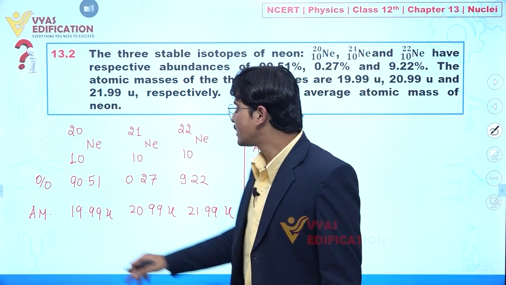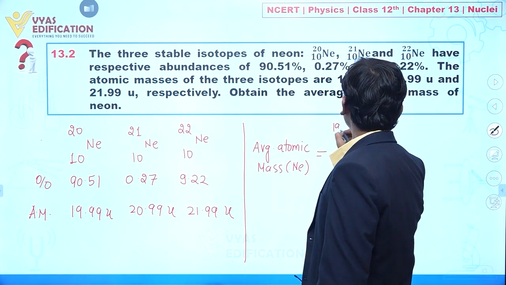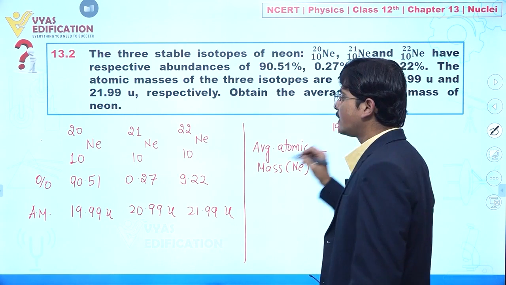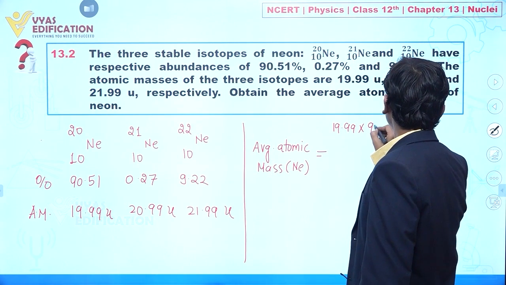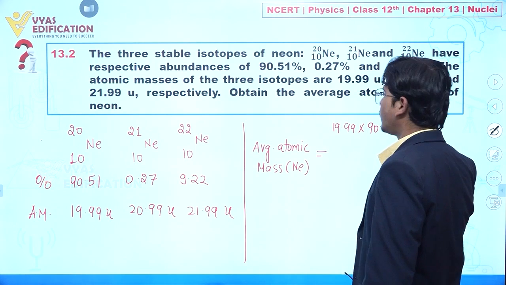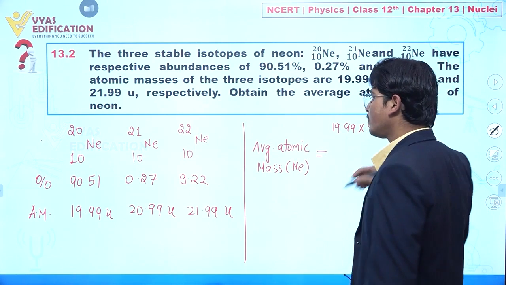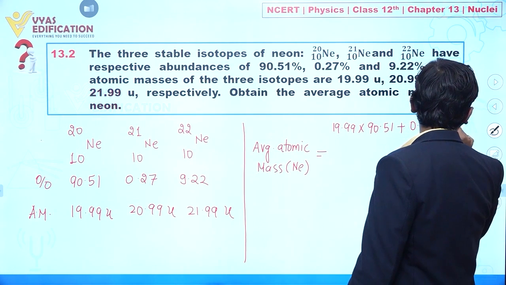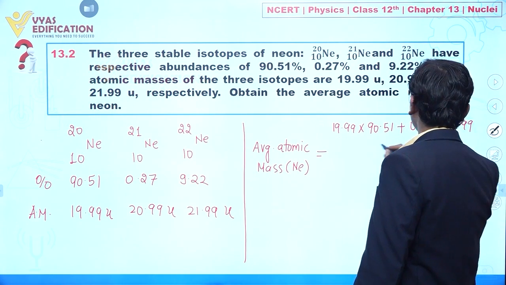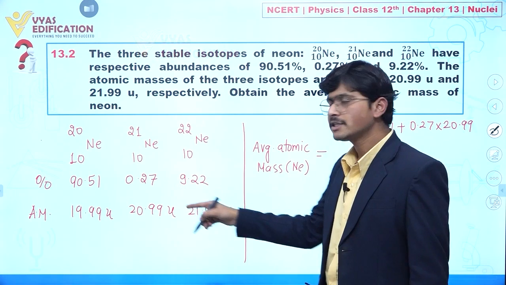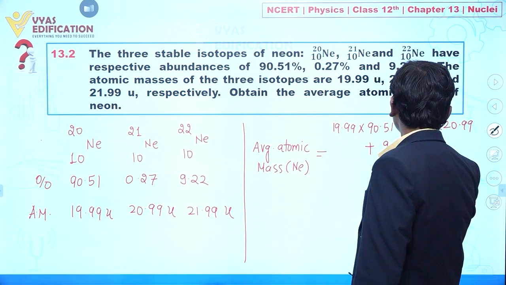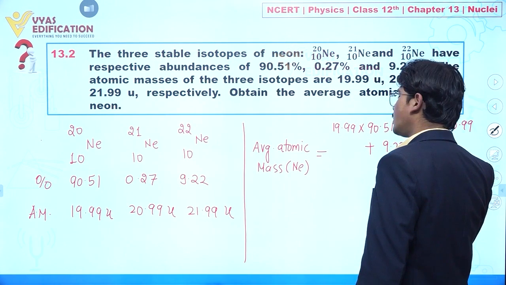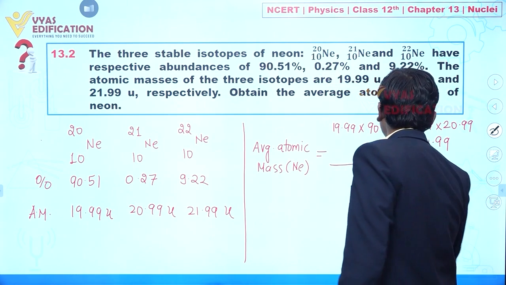So we can write like this: this is equal to first 19.99 multiplied with 90.51, plus 0.27 multiplied with 20.99, plus 9.22 multiplied with 21.99, and divided by the total.